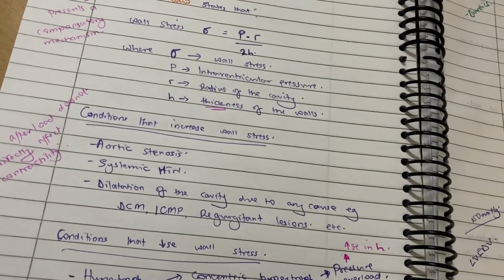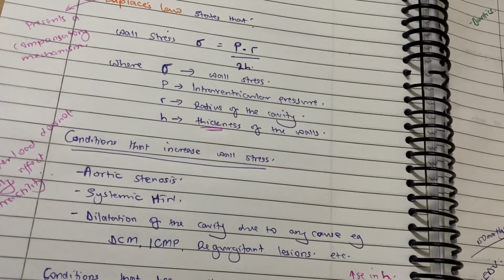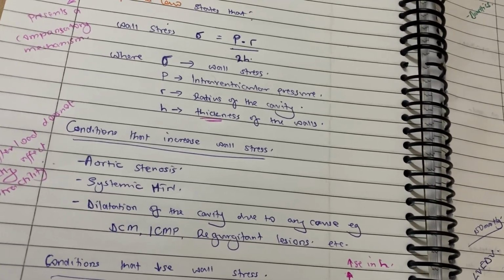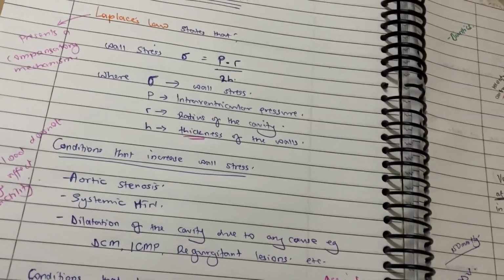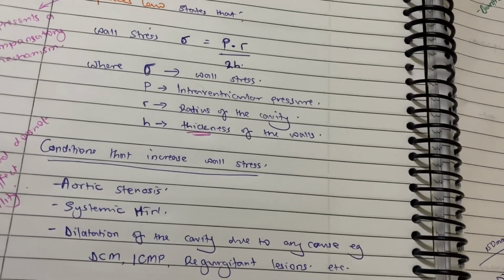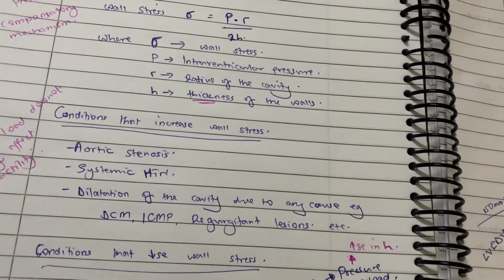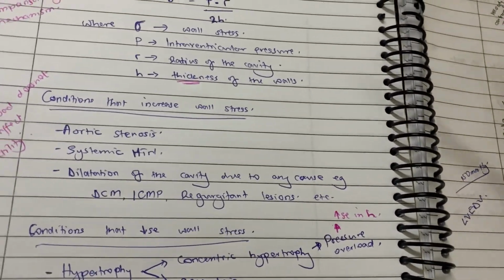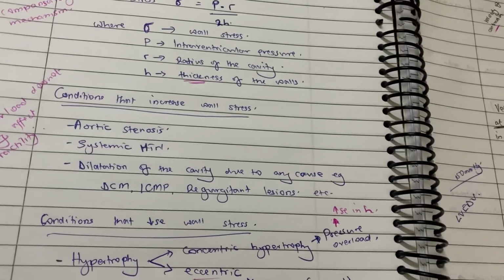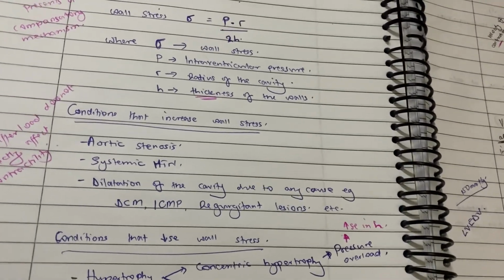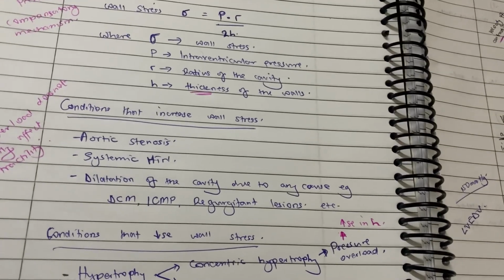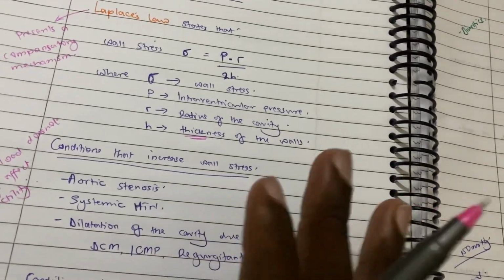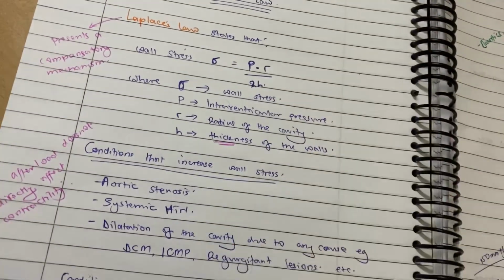In eccentric hypertrophy, stress may decrease or remain the same, because here we add sarcomeres in series, so the muscle just becomes longer, not bigger. It elongates. And if you remember Frank-Starling, it is different: after some point, force declines. And this is how it is going to affect.